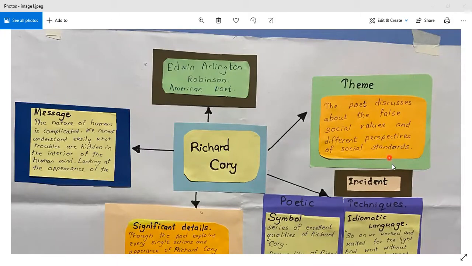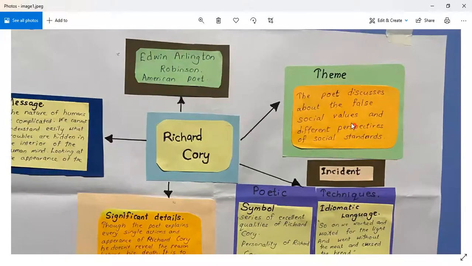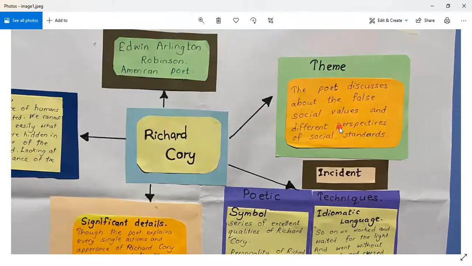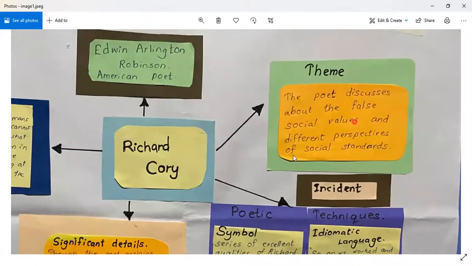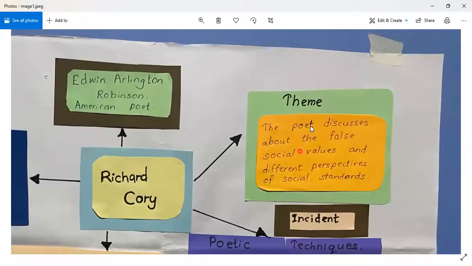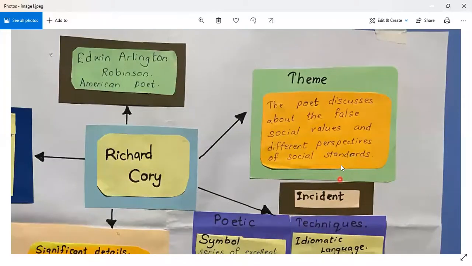Is it clear? People have taken a decision by looking at the outside of that person, and that is a false social value. That is what the poet wants to discuss, and also different perspectives of social standards.